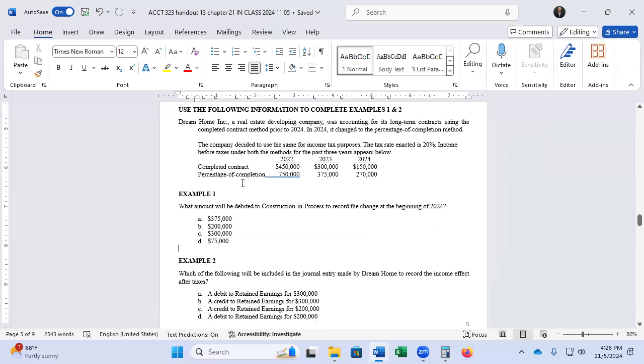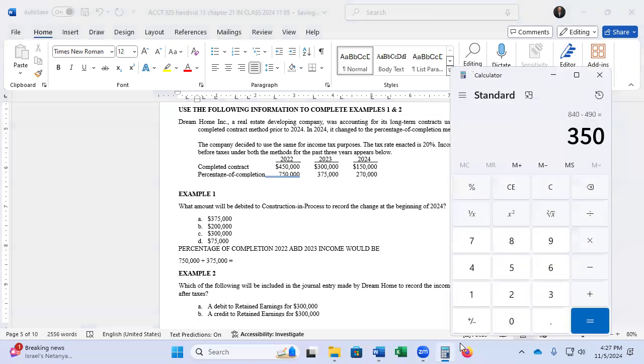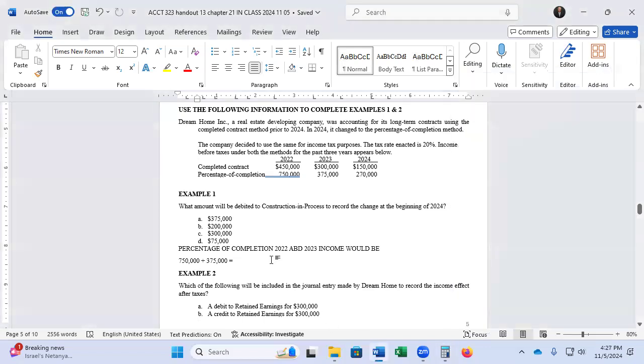So we have to look and say, what are the two methods? Under percentage of completion, 2022 and 2023 income would be $1,125,000.